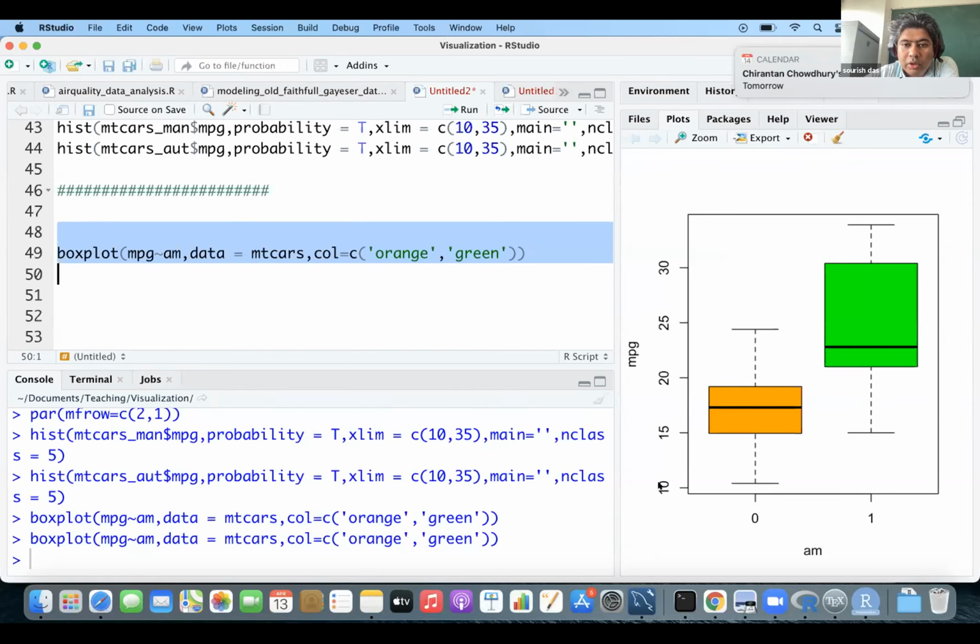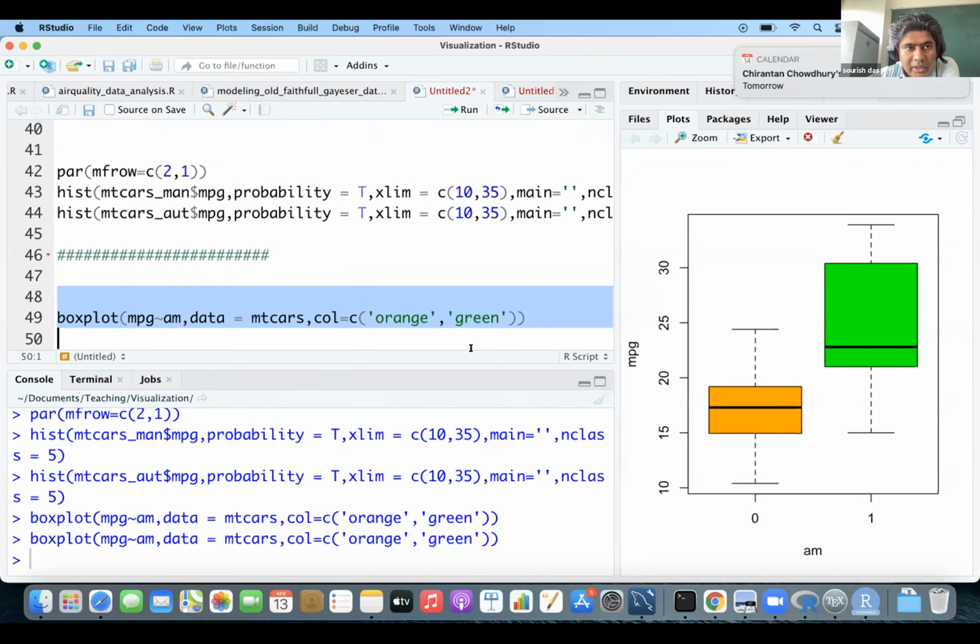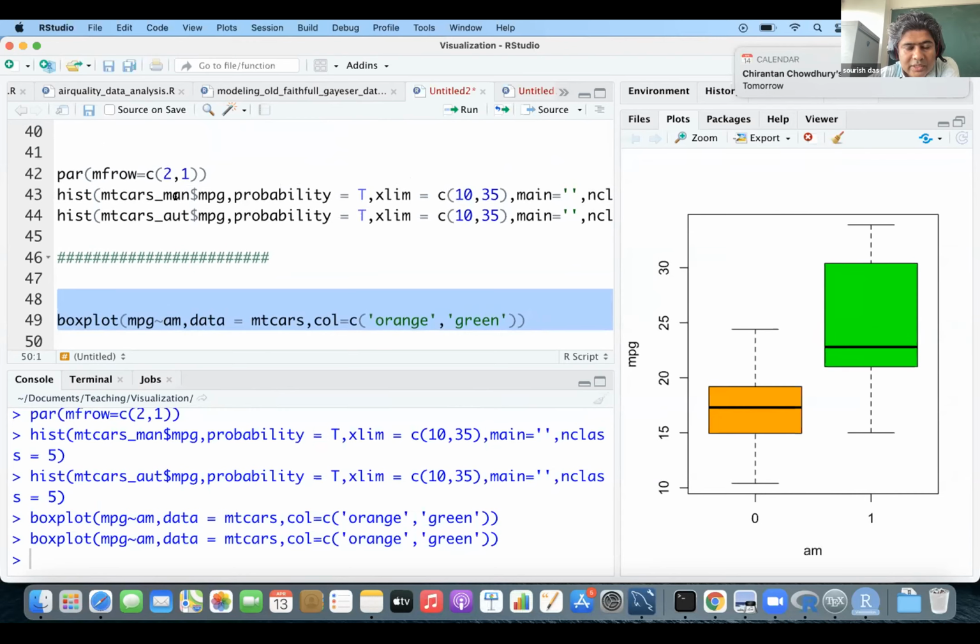On the y-axis, they are plotting the miles per gallon. Okay, and on the x-axis, 0 means automatic and 1 means manual. Now what it is doing, it's taking all the cases which are automatic, that means this sub data set, and calculating the median and saying that, okay, here is my median, and then this is the first quartile and this is the third quartile.